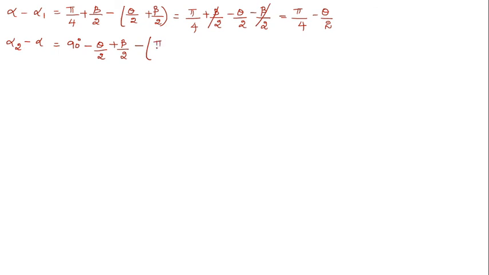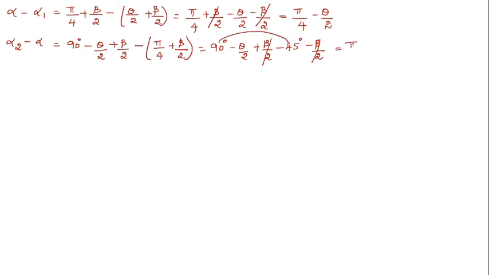Alpha is pi by 4 plus beta by 2. So this will be 90 degree minus theta by 2 plus beta by 2, minus pi by 4, and pi by 4 is nothing but 45 degree. So it is minus 45 degree minus beta by 2. Right? This plus beta by 2 and minus beta by 2 will get cancelled. 90 degree minus 45 degree will be again 45 degree.